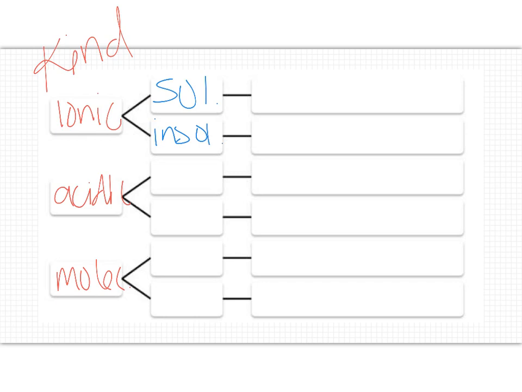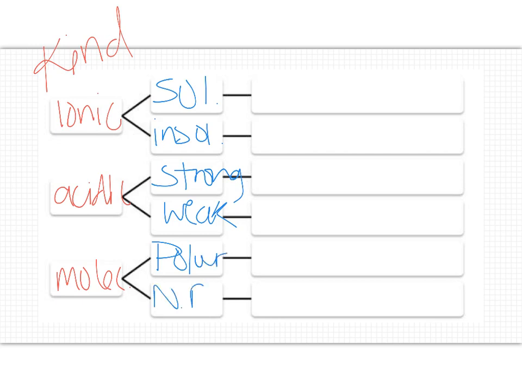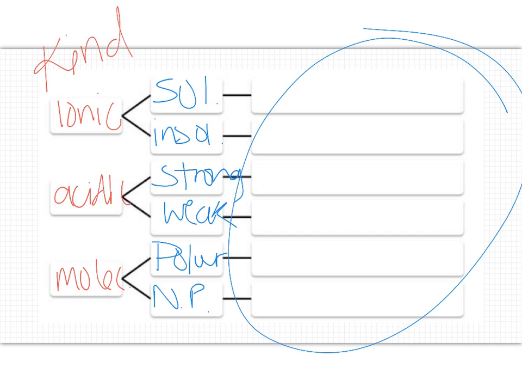For an acid, we had to decide whether it was strong or weak. For a molecular compound, we decided whether it was polar or non-polar. Again, maybe go take a look at the PDF to classify what happens for the dissociation equation and the major entities for each of these. I'm not going to be able to write it very nicely here. It just summarizes what we went through the last few slides.